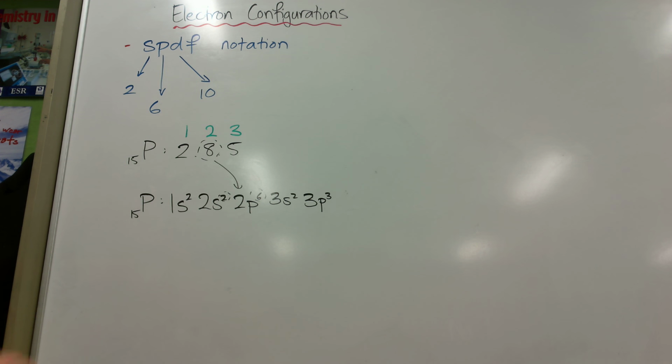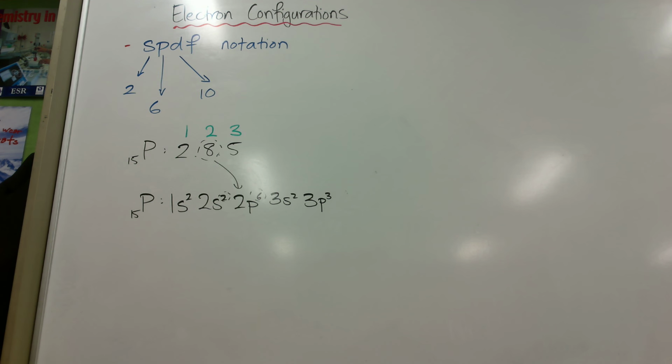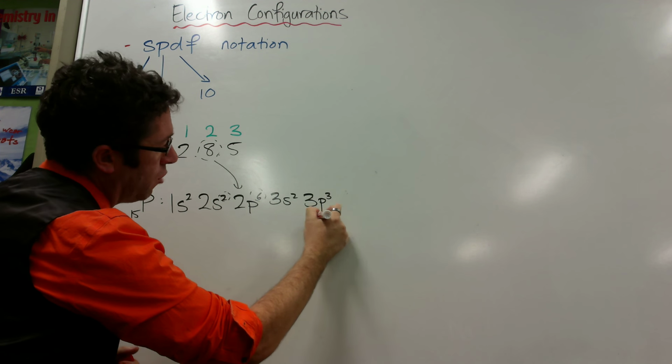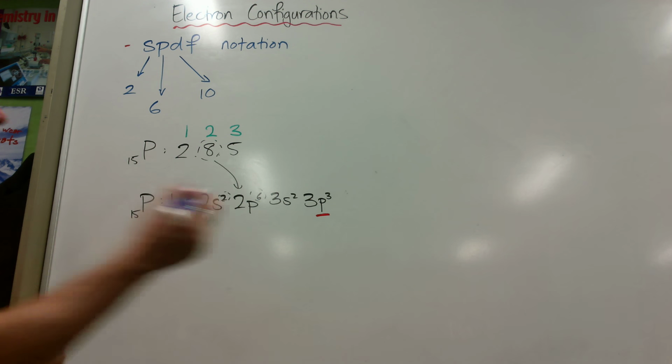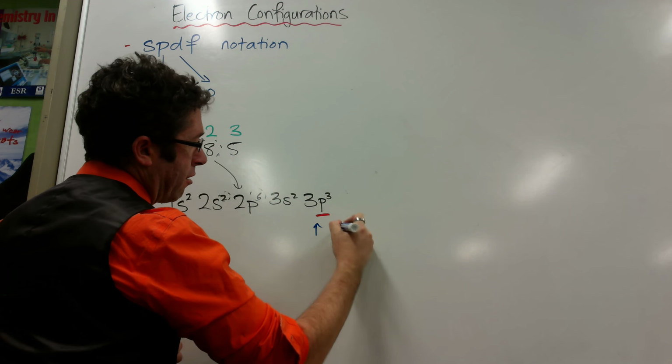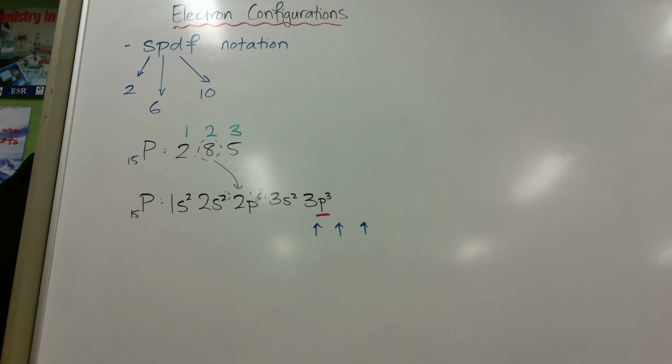Now, phosphorus is actually a particularly stable electron configuration, even though it's not full. And the reason is that this p orbital is half filled. All of the electrons, if we were to do a little diagram, would be shown as an up arrow, up arrow, up arrow for the 3p orbital. They're all said to be spinning the same way. It's what we call maximum spin. So it's actually quite a stable arrangement.